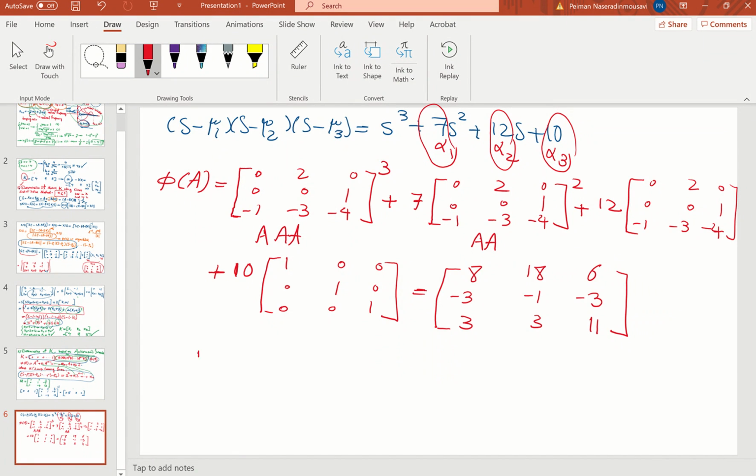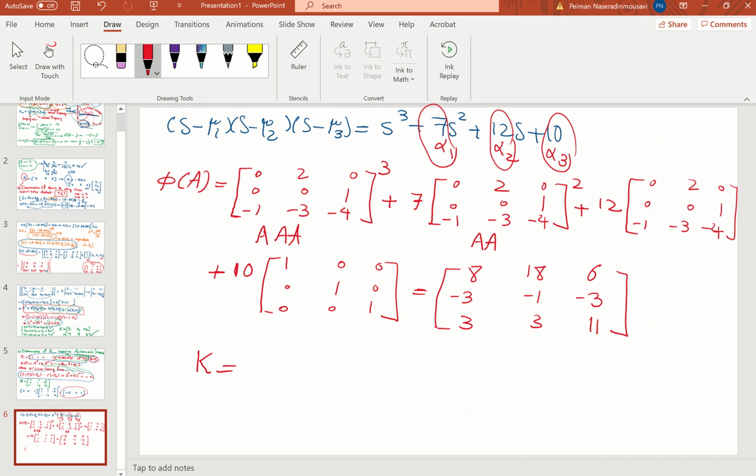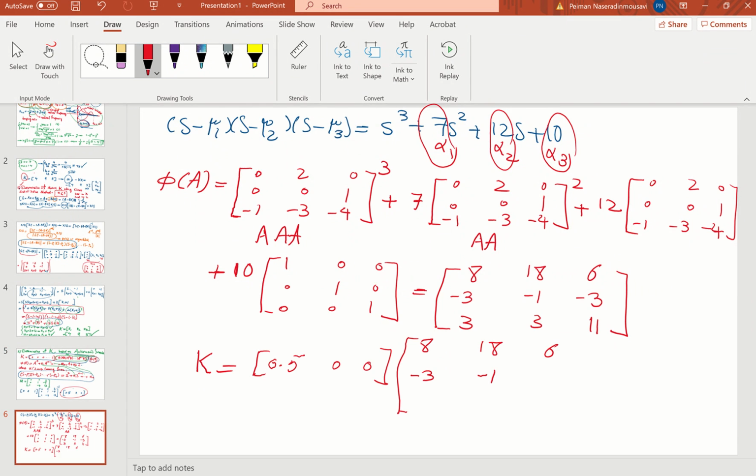Now the gain matrix, as Ackermann says, is this part multiplied by phi. It's going to be 0 0 1 multiplied by phi.